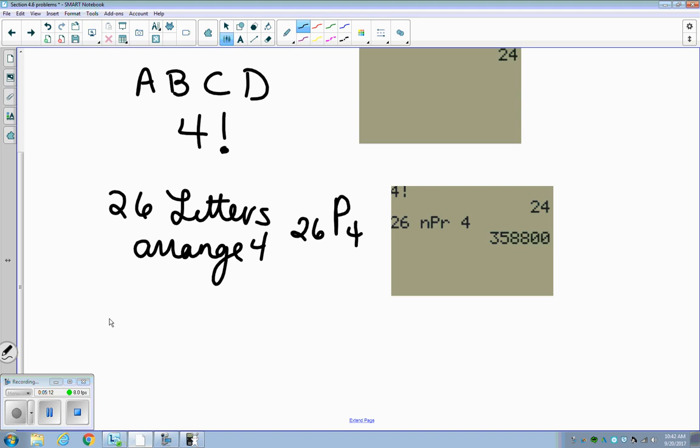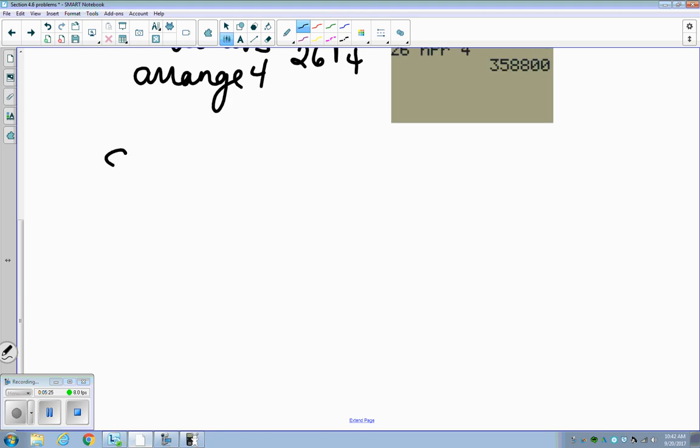So sometimes, though, we want to arrange things from something, but some of the items are identical. So for instance, let's talk about the word statistics. How many different ways can I arrange the letters in the word statistics? We have 1, 2, 3, 4, 5, 6, 7, 8, 9, 10 letters, correct?